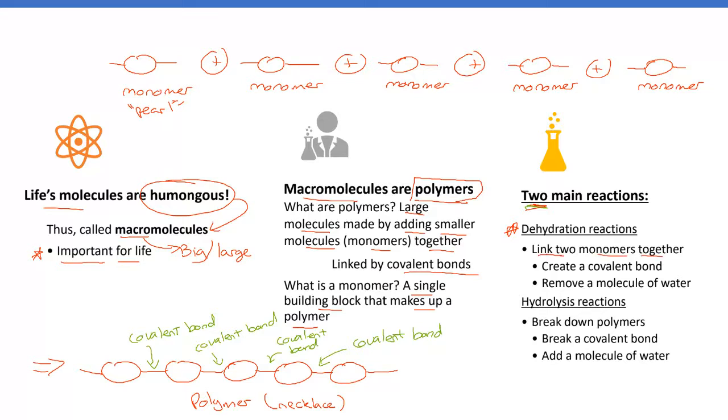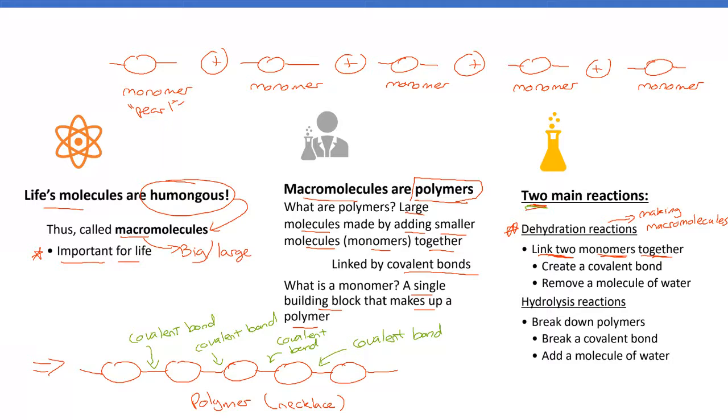In other words, these are reactions that are making macromolecules for our purposes. Dehydration reactions are going to be able to link two monomers together, bring them together.